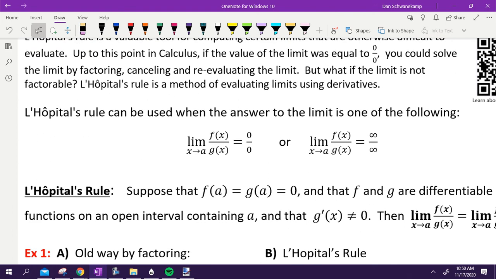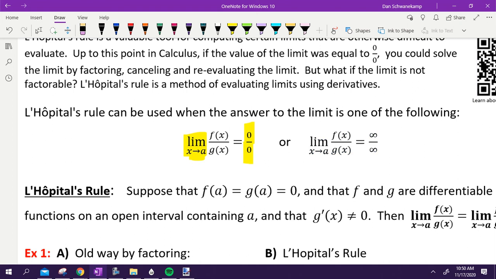Here's what L'Hopital's rule says. L'Hopital's rule can be applied when you're doing a limit problem of a fraction and you get 0 over 0. If you're getting 0 over 0, you can use L'Hopital's rule. You can also use it when you're getting infinity over infinity. We don't use this one as much because we have other ways of solving that, but we could use it then as well.